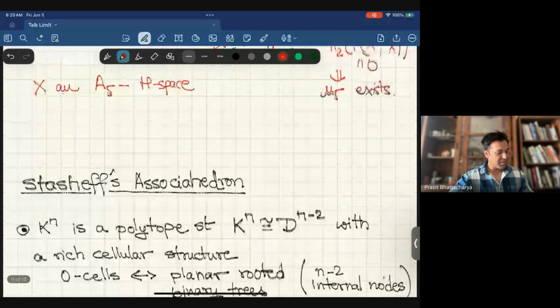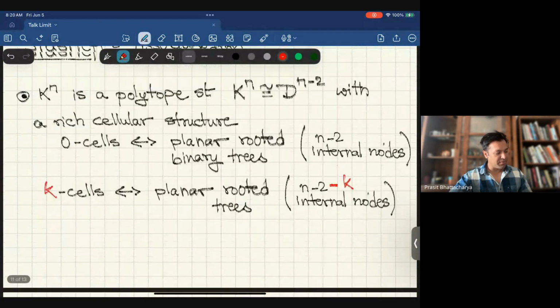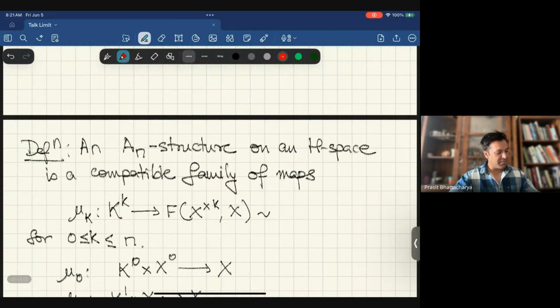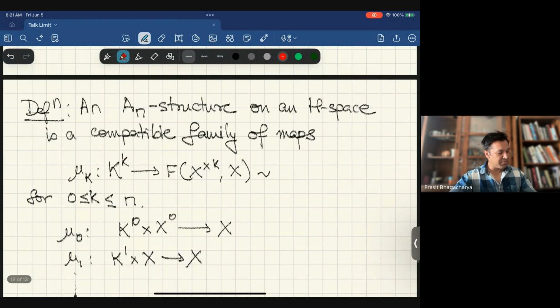Okay, so coming back to the Stasheff associahedron, you can define all these polytopes, and you can define an A_n structure on an H-space as a compatible family of maps.